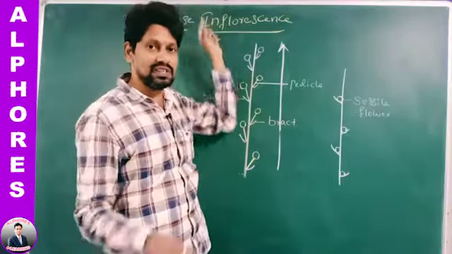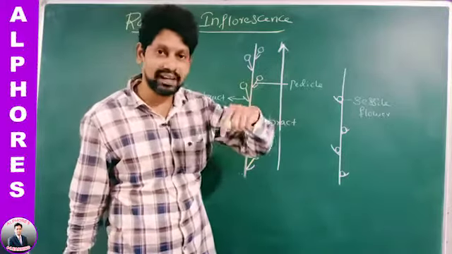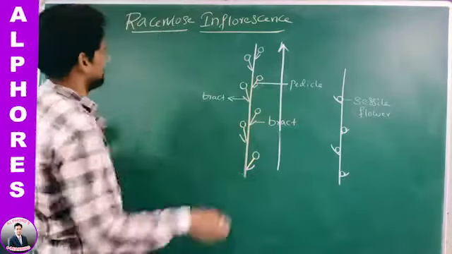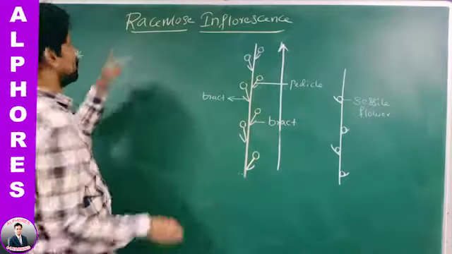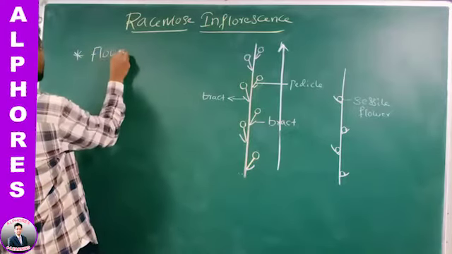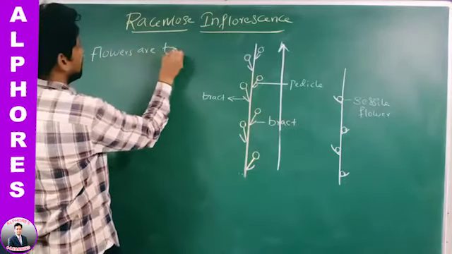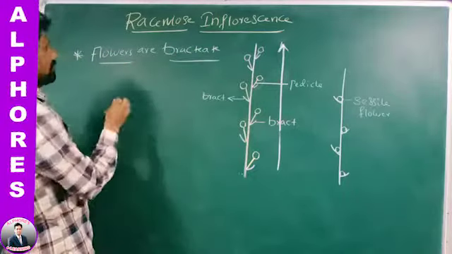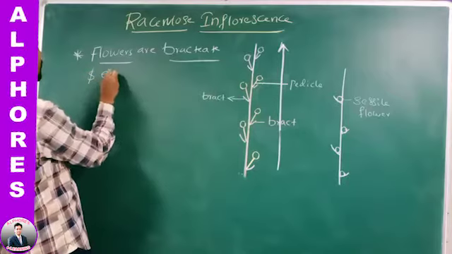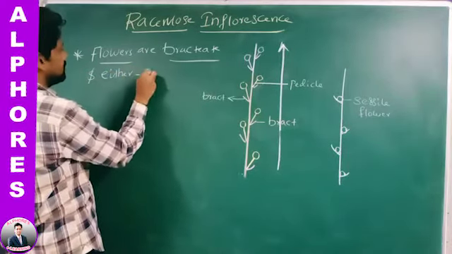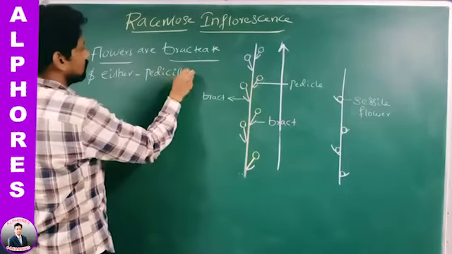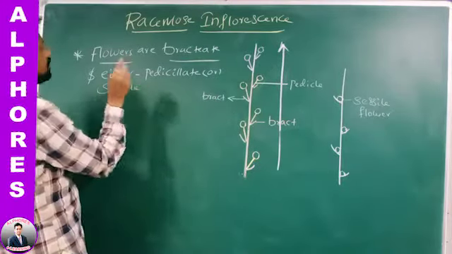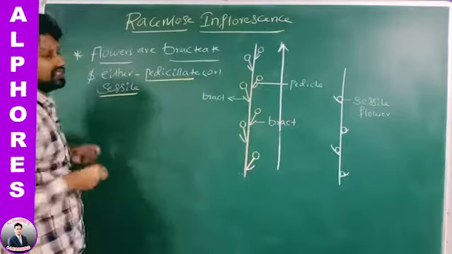Therefore, in racemose inflorescence, flowers are bracteate, meaning flowers with bracts, and either pedicellate or sessile.